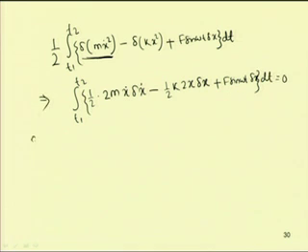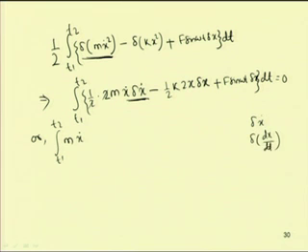The 2 cancels, so this becomes the integral from T1 to T2 of m x dot delta x dot. Delta x dot, which is delta of dx by dt, I can interchange and write as d by dt of del x.